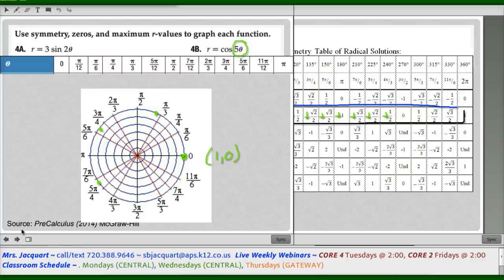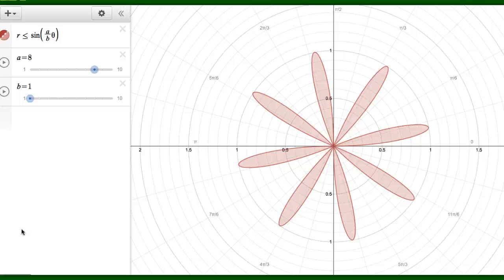I'm just putting guesses in here. I don't really know where they go. They're at 72 degrees different. It's a rose again. And if you don't believe me, then we can go to Desmos and let's graph our thing. I like that though.